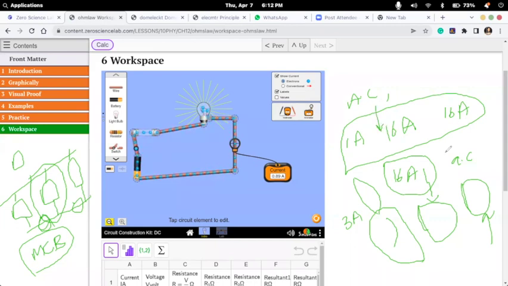So replace the faulty device, or wait for the current to go down, and then you simply switch on that MCB. Just push it up. If that circuit gets sorted out or the current gets reduced, then it will switch on. Otherwise, it will stay in the off position, so that we can protect our devices.